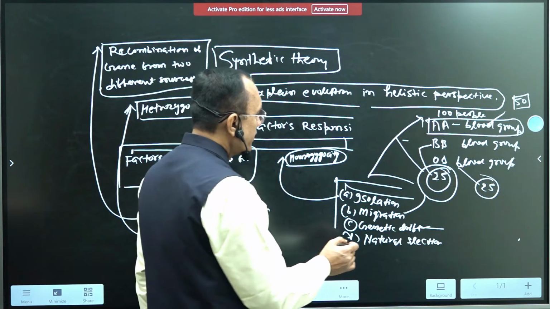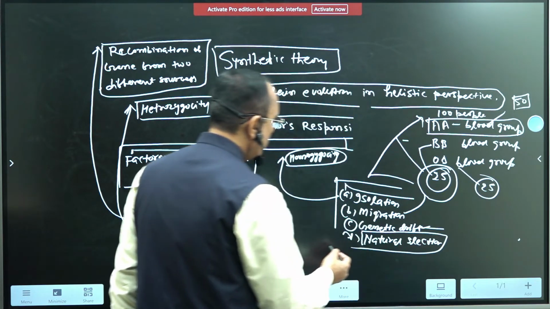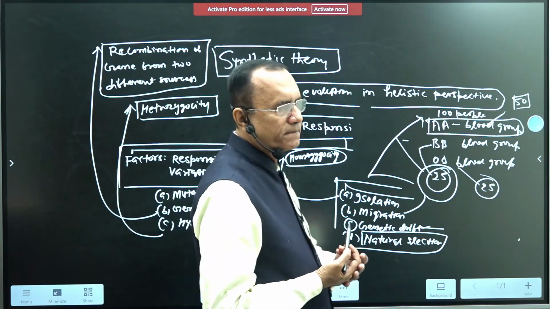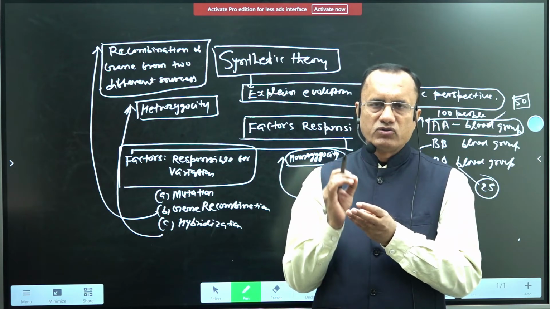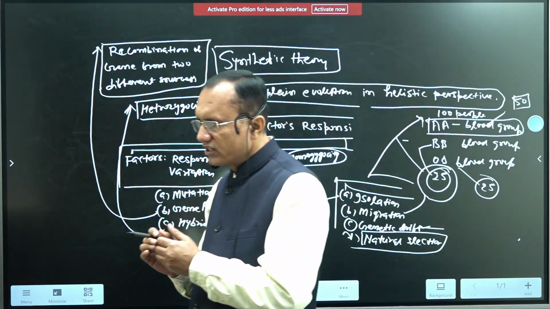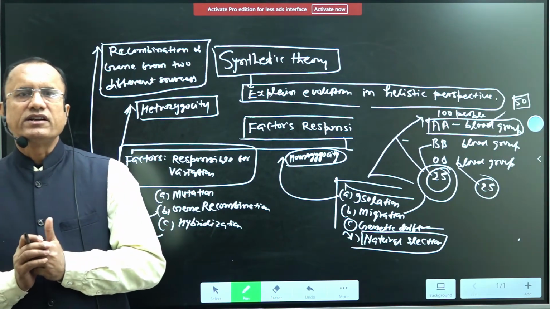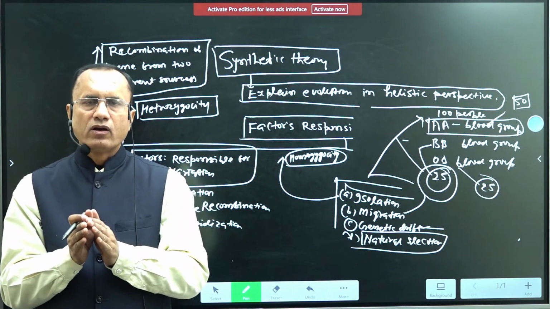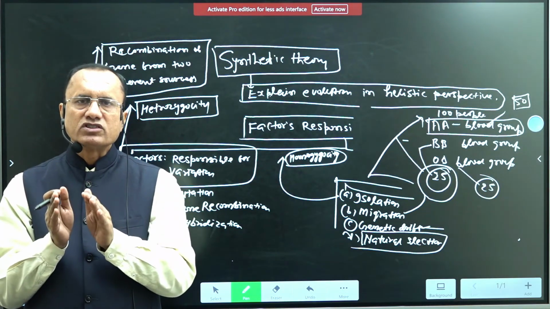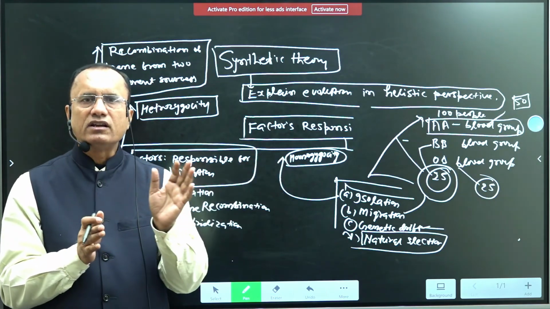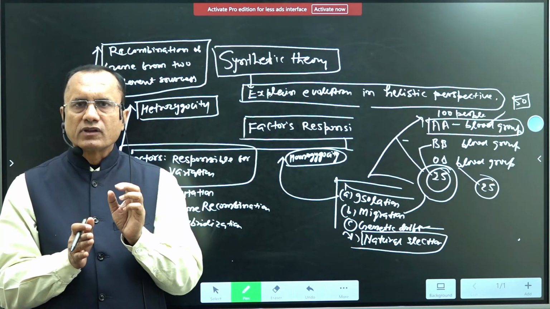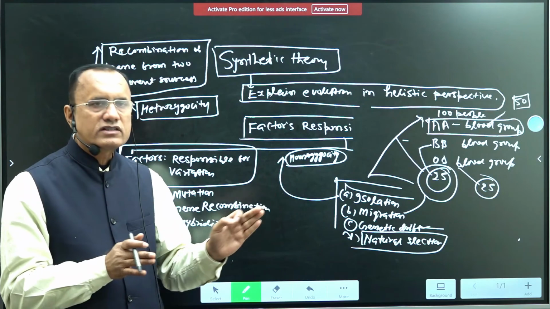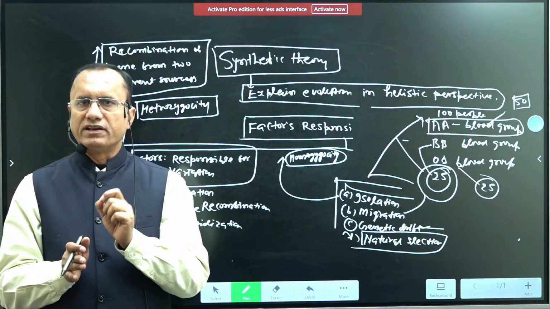And lastly, the role of natural selection. This is very important, because all these factors, mutation, gene recombination, hybridization, isolation, migration, genetic drift, either create a new gene in the population or are responsible for change in genetic equilibrium, but they work when natural selection positively selects that variation.